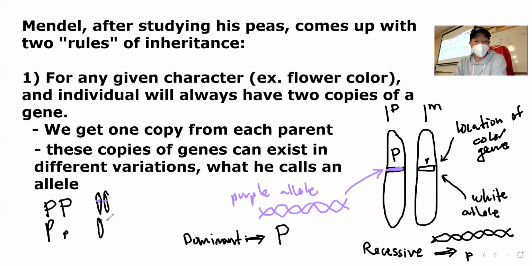And that means that that pea plant inherited a purple allele from one parent and a white allele from the other parent. What's the last possible combination? Two small ones, right? You could be little p, little p, and that means that from both parents, you inherit the white allele. Does that make a little more sense? Okay.